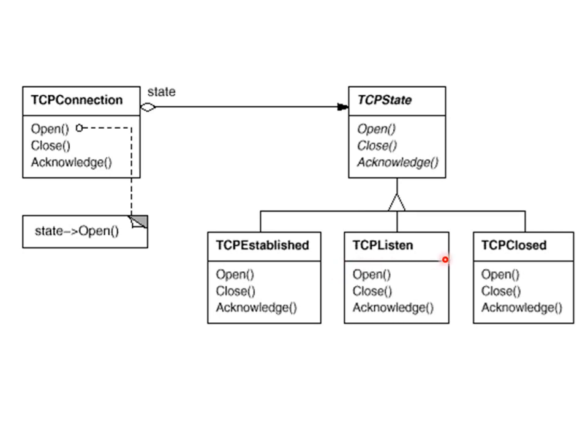TCP established is one state, TCP listen is another state, TCP close is another state. The example I am taking in the motivation is a TCP connection and TCP state, with TCP established, TCP listen, and TCP close. So this is about the motivation diagram. Next, coming to the applicability.